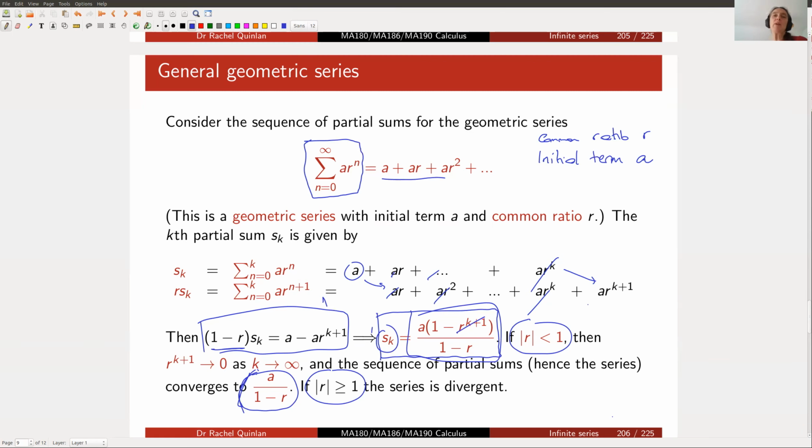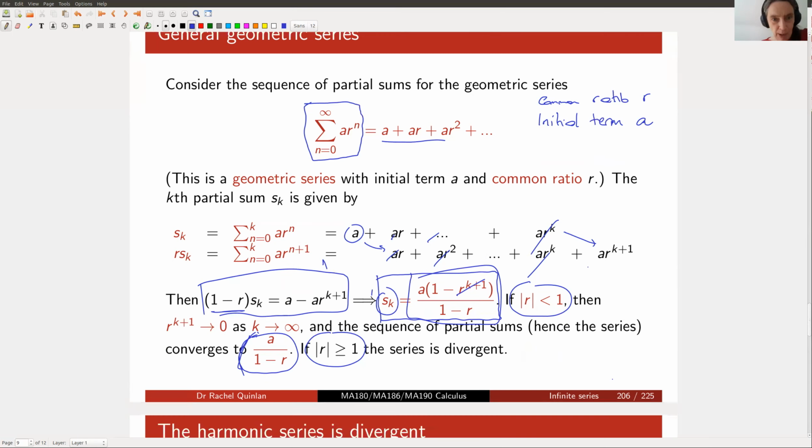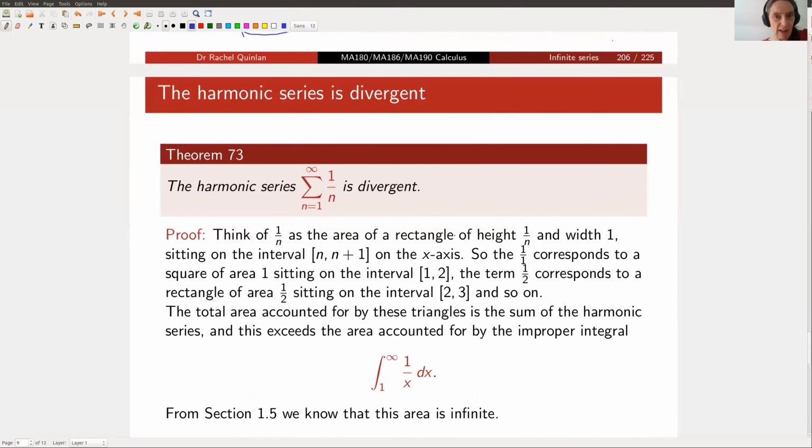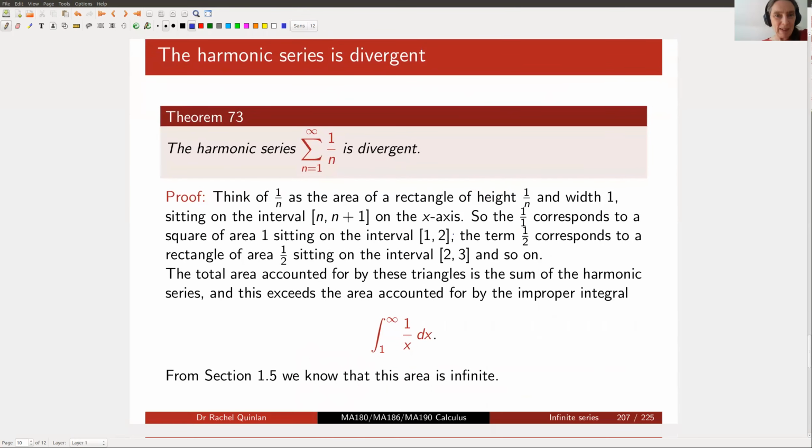Okay, if not, then that's the only class of series that we're going to look at in any detail. But I did promise an answer to the question about the harmonic series. The harmonic series is the sum of the reciprocals of the natural numbers, 1 plus 1/2 plus 1/3 plus 1/4 and so on. And the assertion is that the harmonic series is divergent.